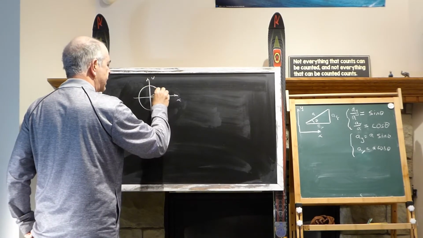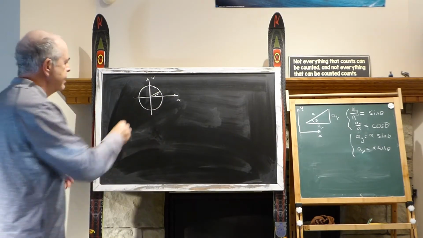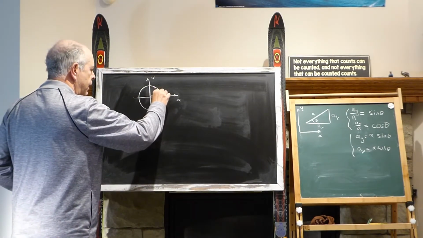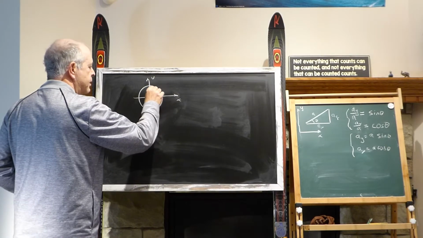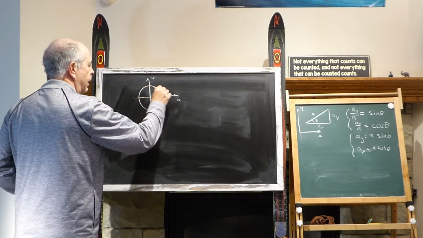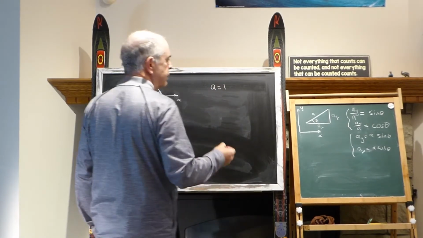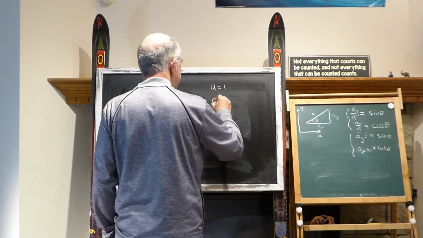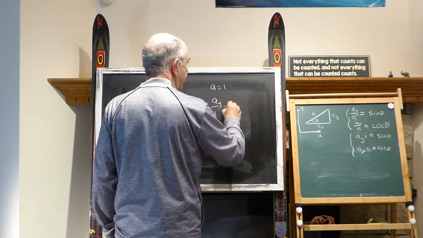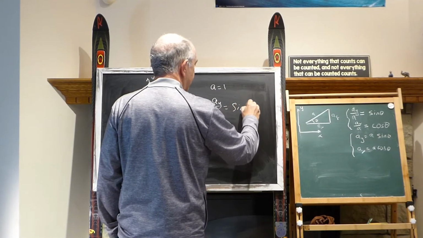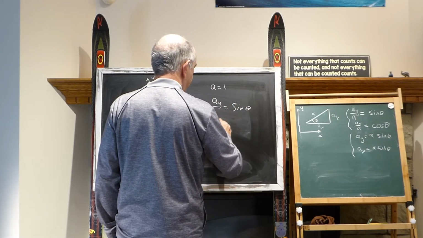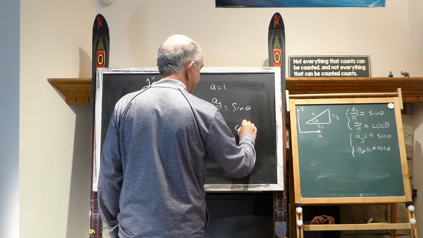So we have this theta, so essentially we have exactly the same picture here. Exactly the same picture, only this is 1. And if a equals 1, then our equations become very simple. ay over 1 equals sine theta, and ax over 1 becomes cosine theta.